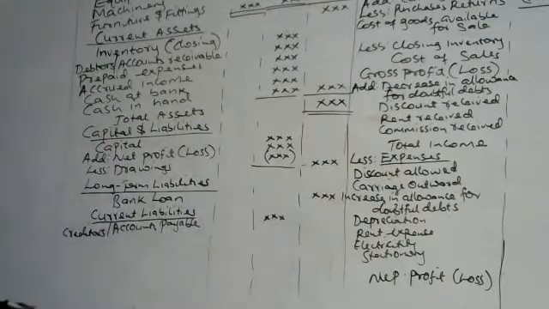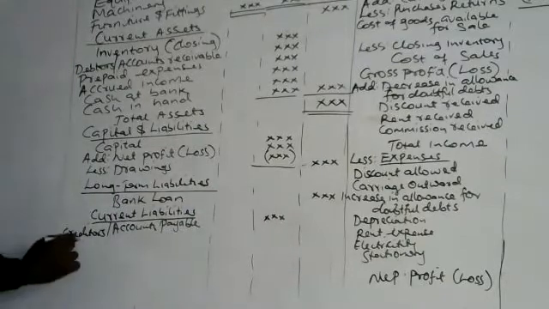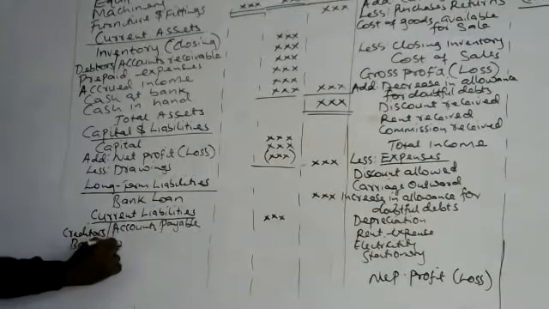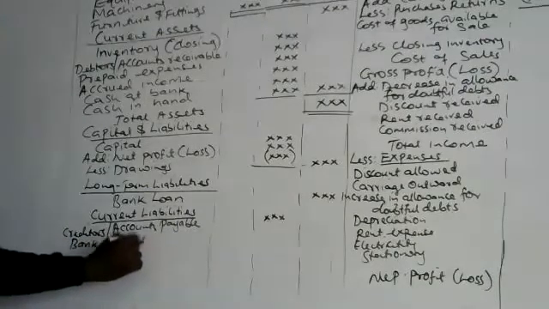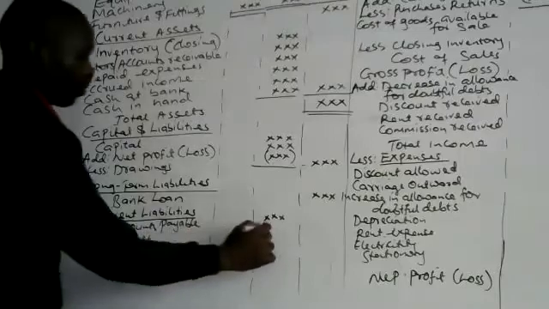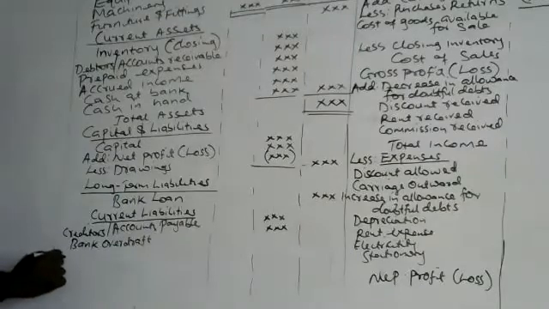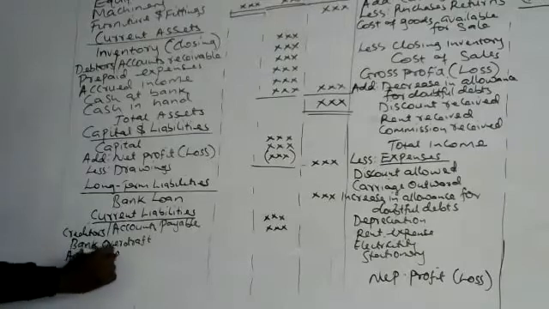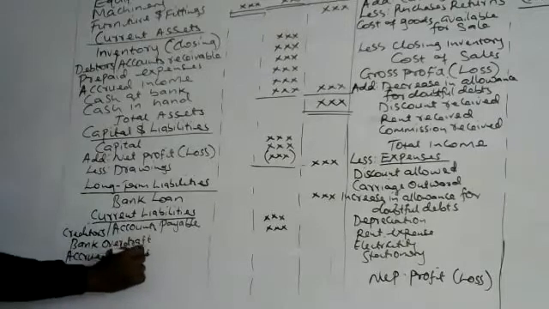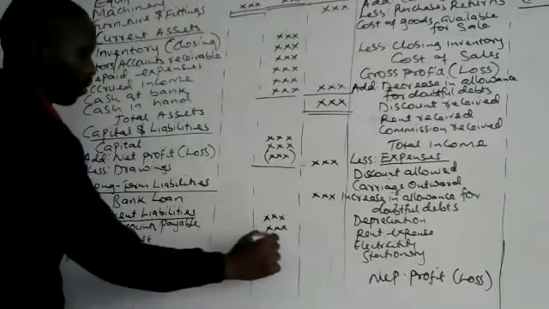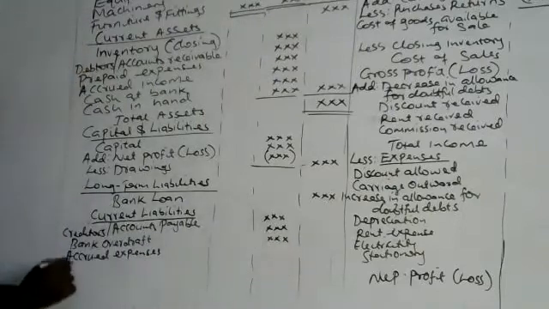Put it there. We have a bank overdraft. We also have what you call accrued expenses. Prepaid income.